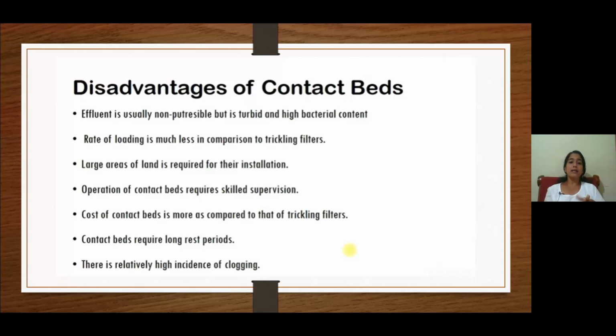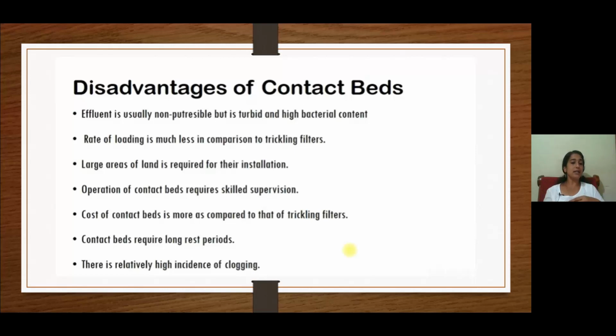Then operation of contact beds requires skilled supervision, and the cost of contact beds is more as compared to that of trickling filters, because we have to remove all this filter media from these filtration tanks, and even distribution is to be considered, and the dosing tank is to be constructed, and also a normal working period of 8 to 12 hours is to be provided for a successful operation.